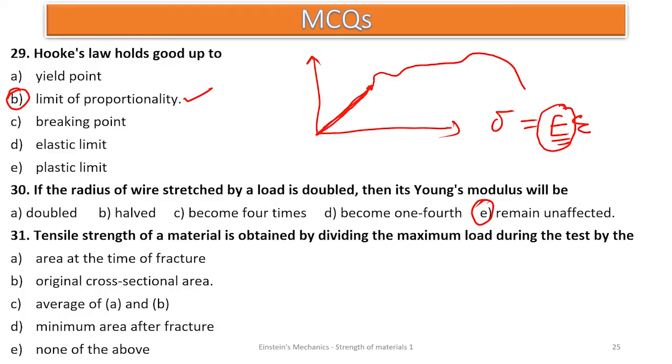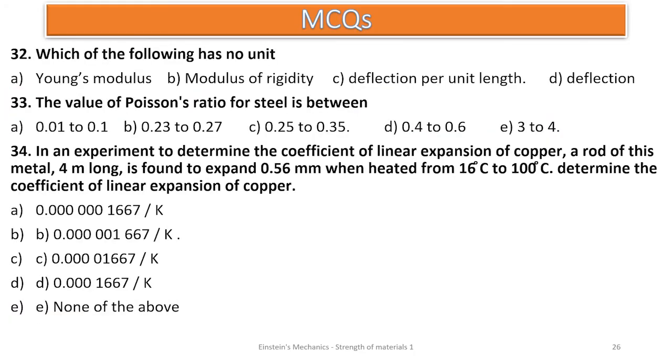31. Tensile strength of a material is obtained by dividing the maximum load during the test by, and that is going to be the original cross-section area. 32. Which of the following has no units? And from this, we are going to say it is deflection per unit length, which is what?